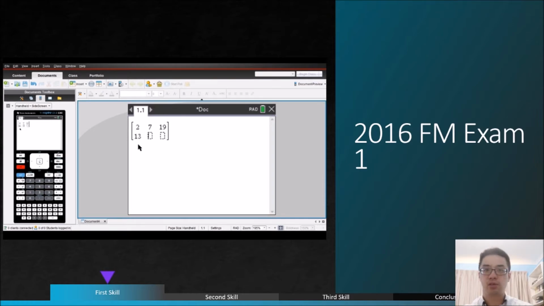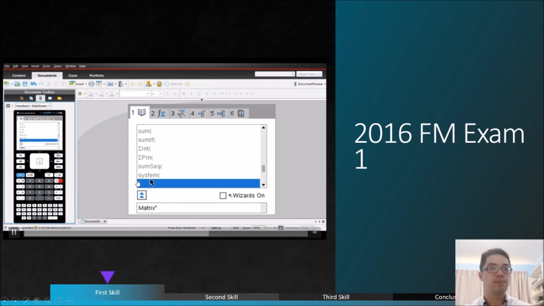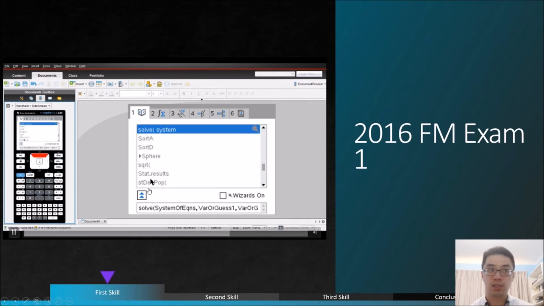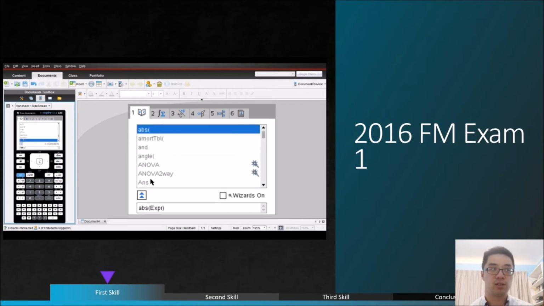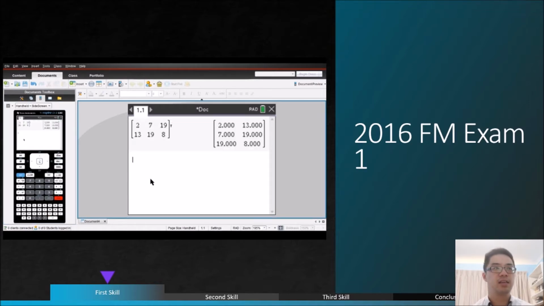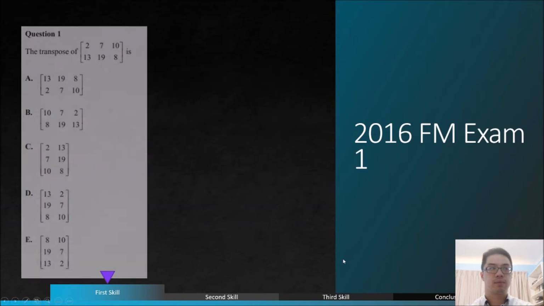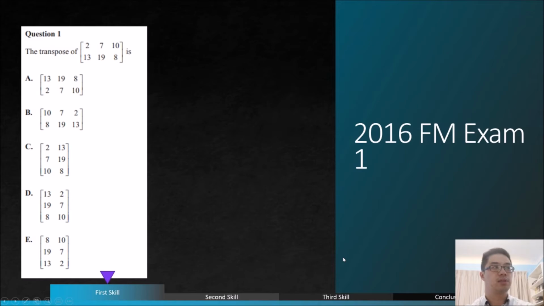I used the tab button to go between each of the elements, it's easier. The transpose button is in the book. Now mine's at T. If yours is not at T, just push the letter T on your CAS, it'll jump straight there. Hit enter again, and there's your answer. So the answer to this question was C.